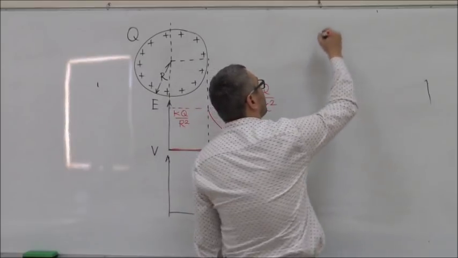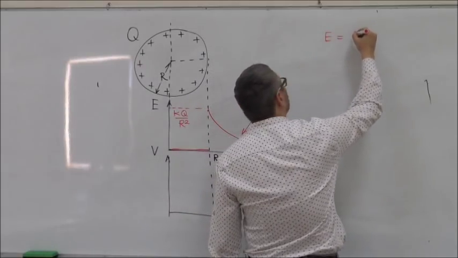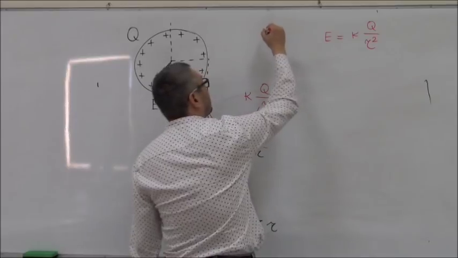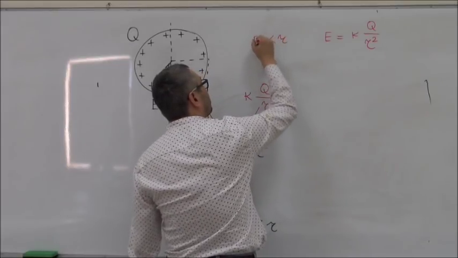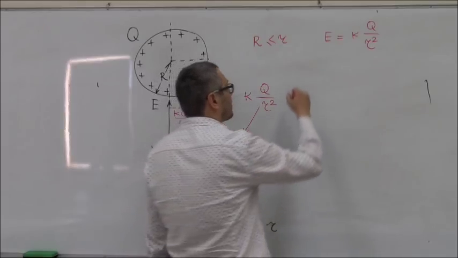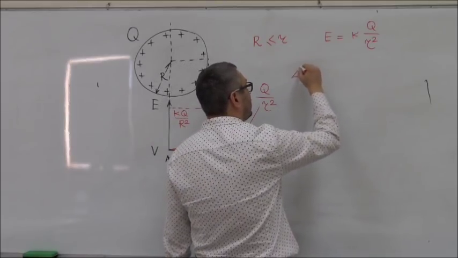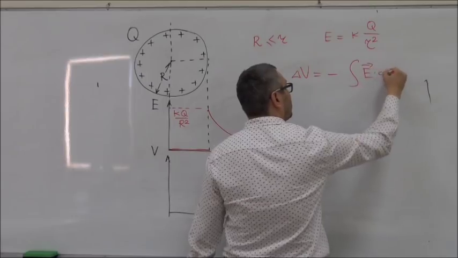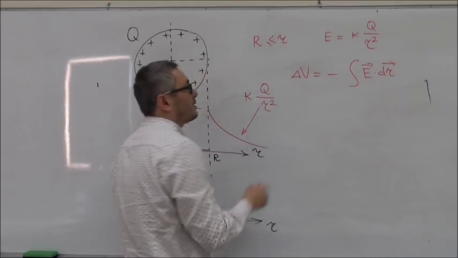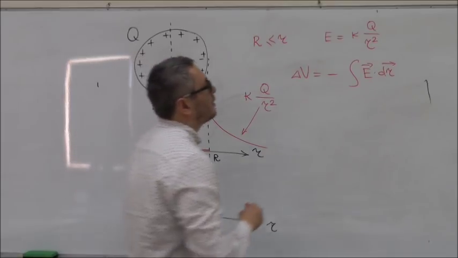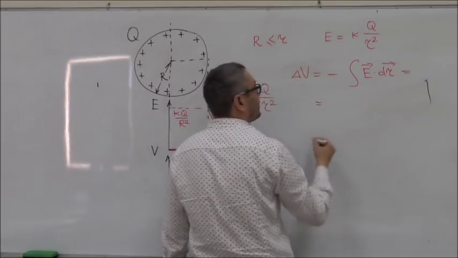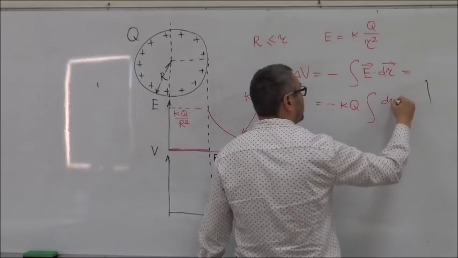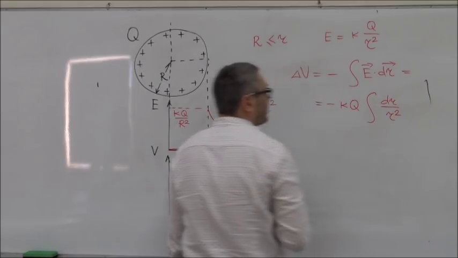So we know that the electric field is equal to kq over r squared, and this is when r is bigger or equal to the big R. So the electric potential difference, delta V, is equal to the negative integral of electric field dot dr. Now in our case, E and dr are pointing in the same direction, so we get this equal to minus kq integral of dr over r squared.